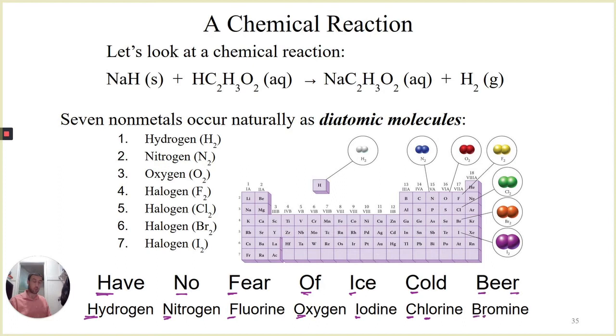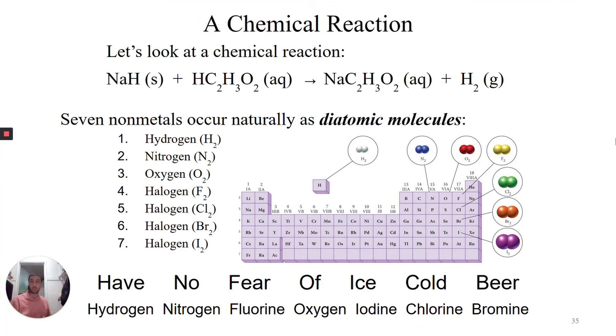Okay? So it kind of nails down those pieces. So anytime you see one of these elements named, it is immediately diatomic. Every time. So if I say, hey, I'm looking at oxygen, I'm referencing O2.